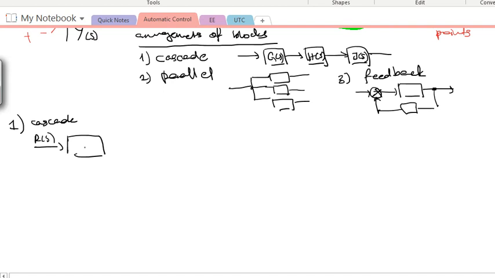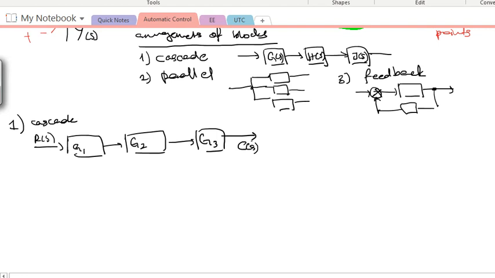So what I want you to assume is every time I write a signal or transfer function, there is an (s) at the end of it, right? So R(s), then I have here G1(s), and then G2, and then the next transfer function G3, and then the output, let's say I call the output C(s).